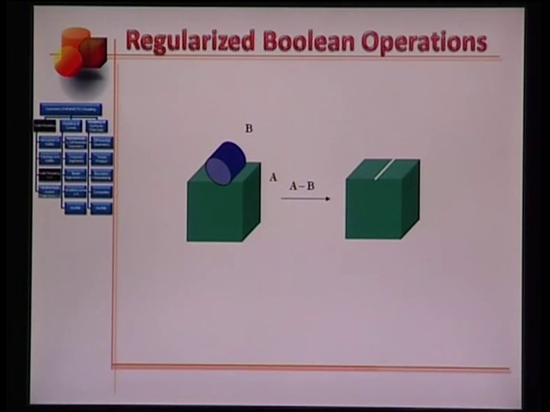The common edge between the cylindrical primitive and the block will not be present on the block. If you see this, there would be a very thin slit that will open up the top face of the block.